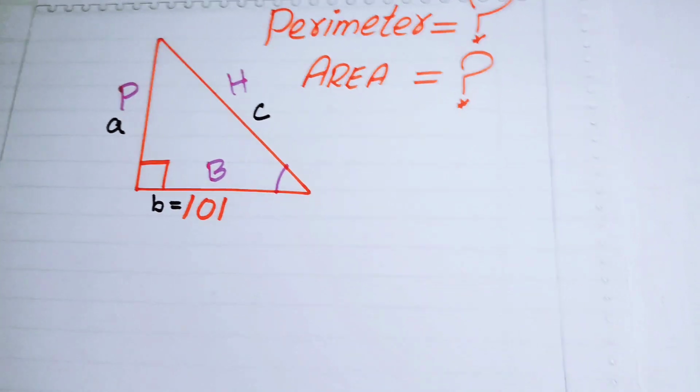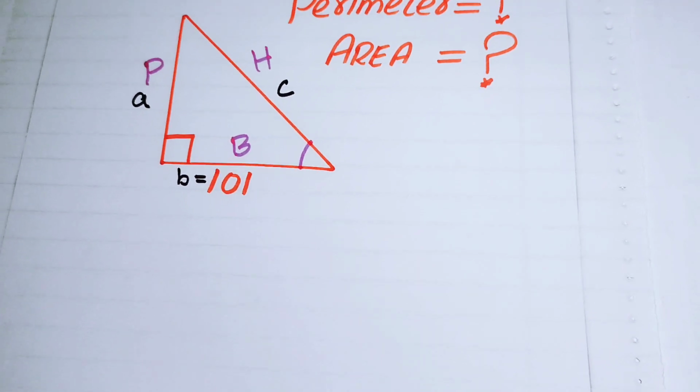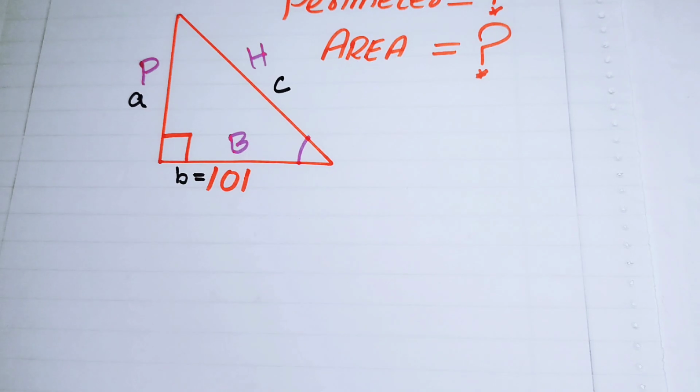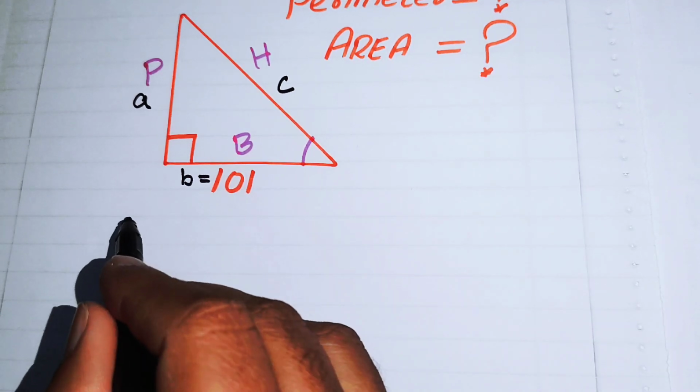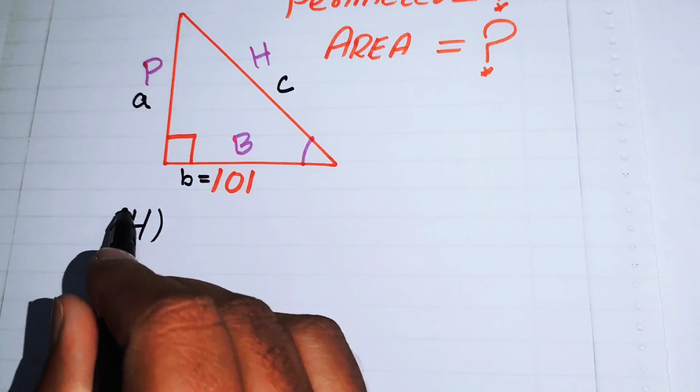If it is a right triangle, you know about the Pythagorean theorem. This is a very famous and well-known theorem, and here I can use it.